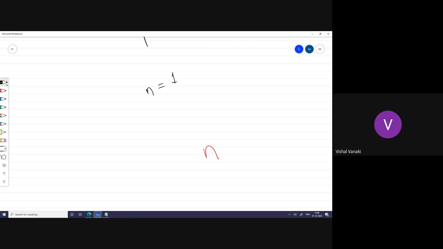If it is equal to 1, is it a prime? 1 is not a prime. The first prime is 2, not 1. Am I clear? 1 is not a prime number.